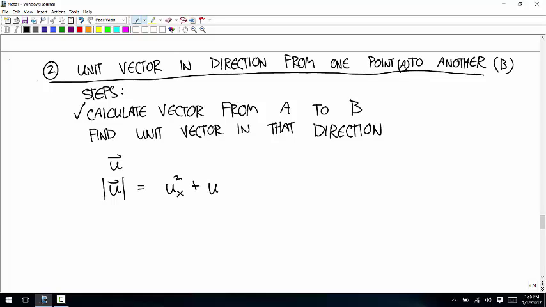That's the sum of the squares, all square root. And then the unit vector, the thing we want, u hat, is equal to 1 over the magnitude that we just calculated times the vector.